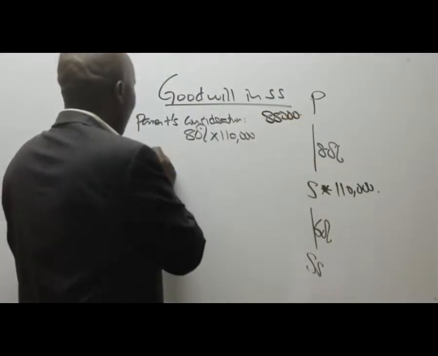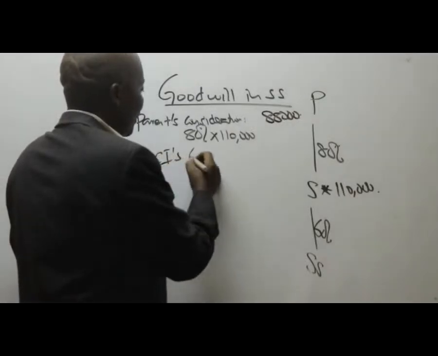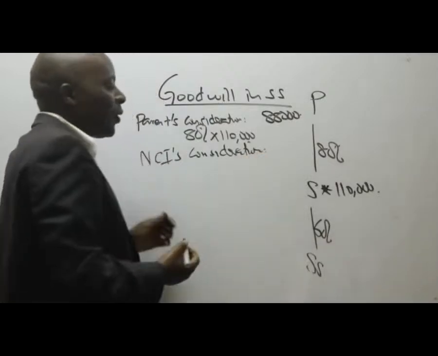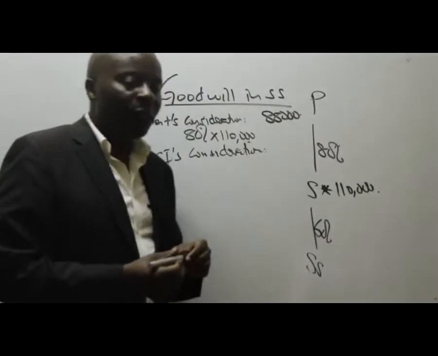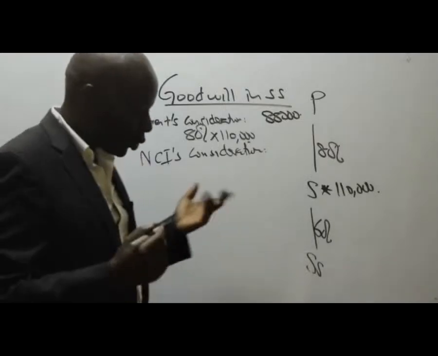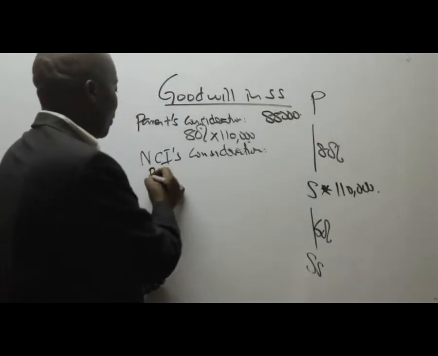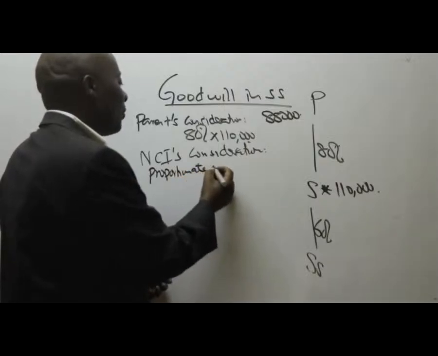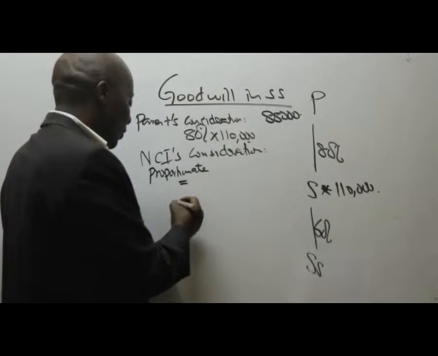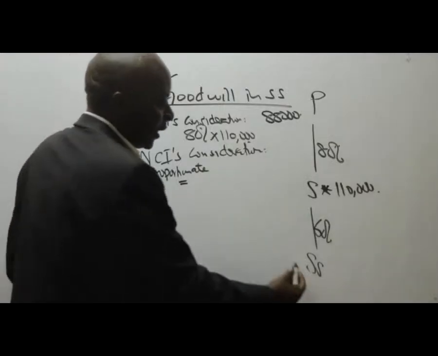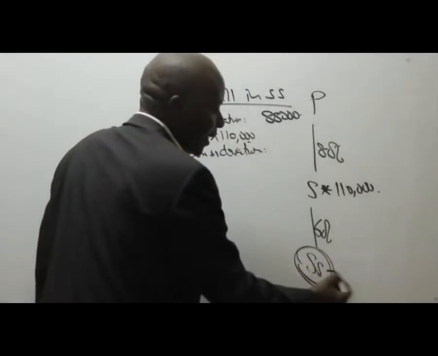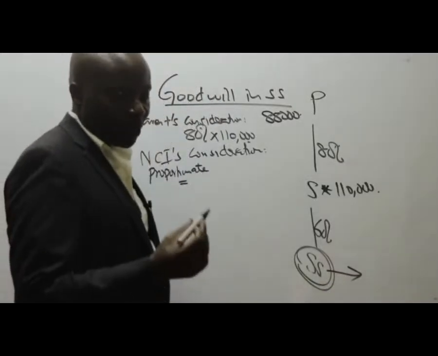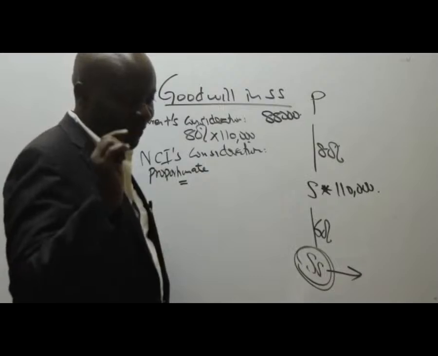How about NCI's consideration? This is quite easy. It has to be the proportionate method. So what is the net assets value of SS at acquisition? Sorry, I never asked very well.